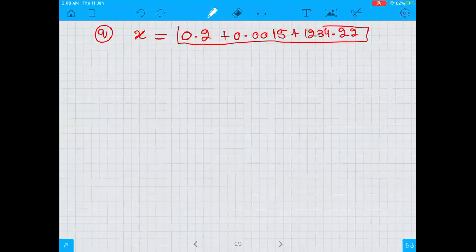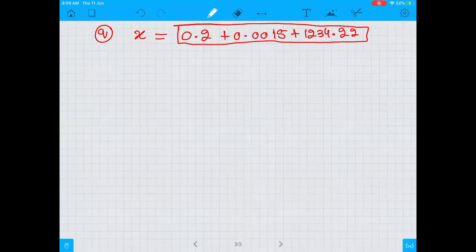However, one thing is important: how will you write the answer up to the correct significant figures? While adding or subtracting, we do not care about significant figures, but about the decimals or precision.